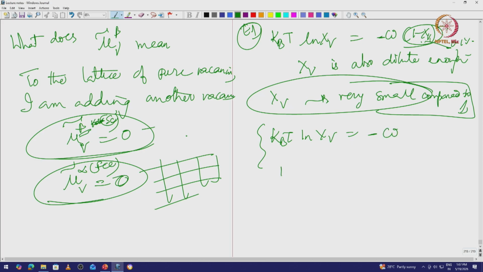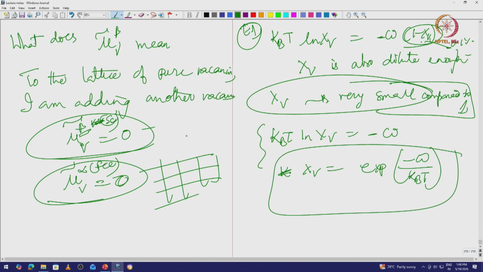Now, what does this mean? xv is equal to e power minus omega by kBT, okay. So, I have derived an expression for vacancy concentration in a pure compound in an alpha phase, right, and these vacancies are just driven by temperature, right, nothing else, okay.